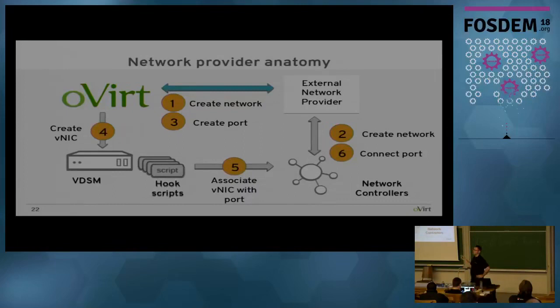In one of those hooks, we would have to tell the network controller on the given host that a port with such a logical port ID was plugged into this specific physical port. So the network controller usually tells the external provider, this has just happened, we have a new mapping logical to physical, and the external network provider would then wire this port to our external provider network.